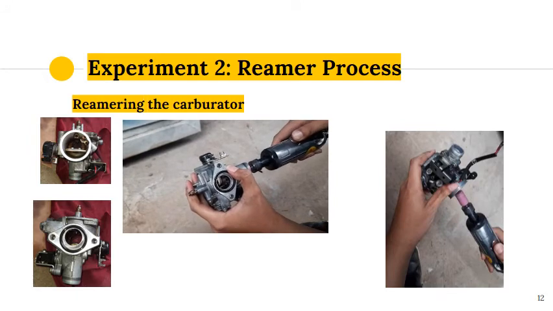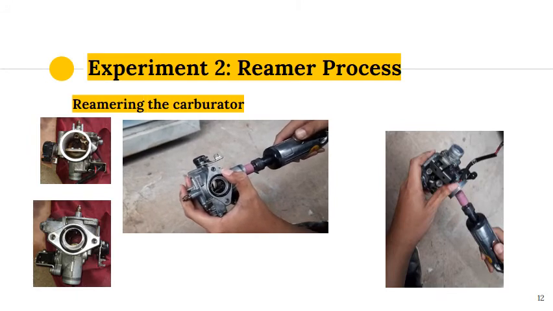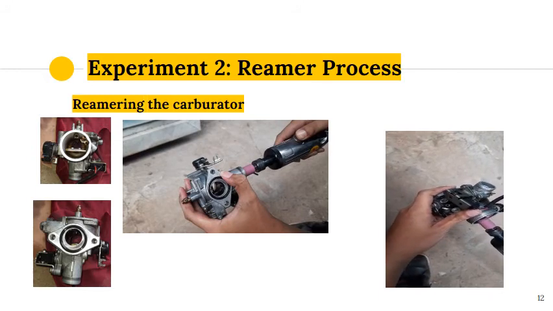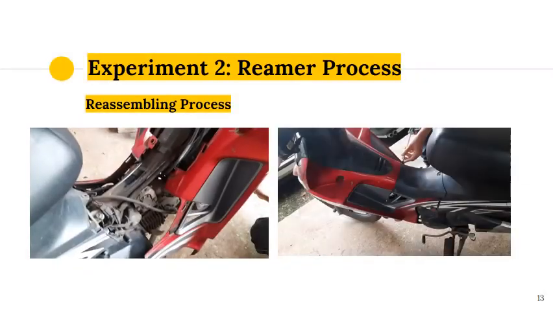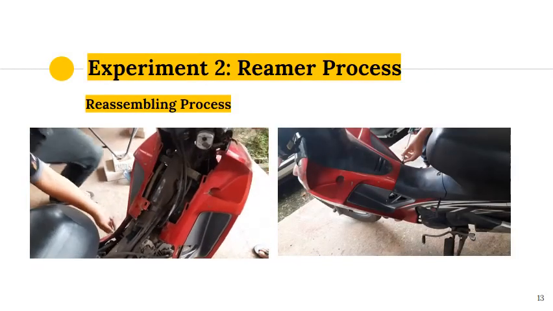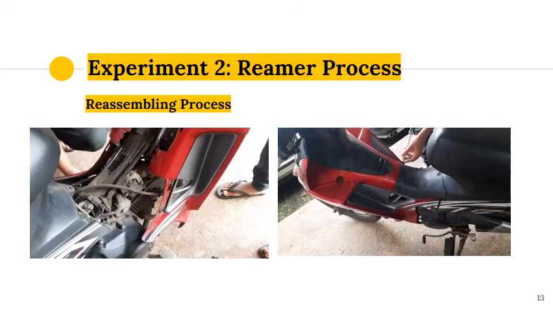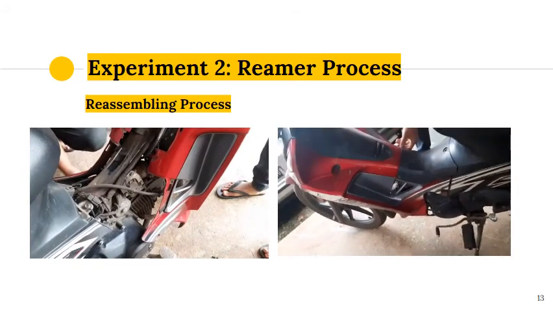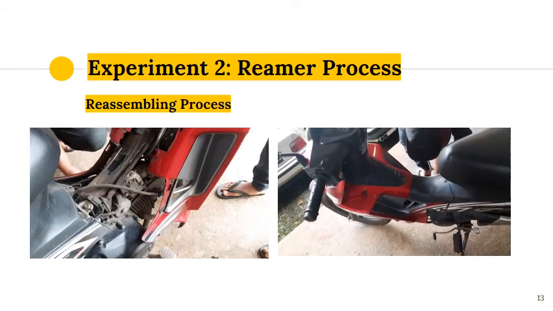After we take out the carburetor, we do the reaming process. First, we reamer the front side, and after that we go to the back side and do the same thing. After the reaming process, we do the reassembly process. We put the carburetor back into the motorcycle and then we put the casing back also.